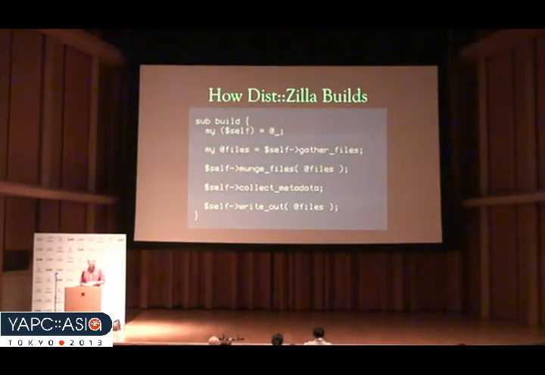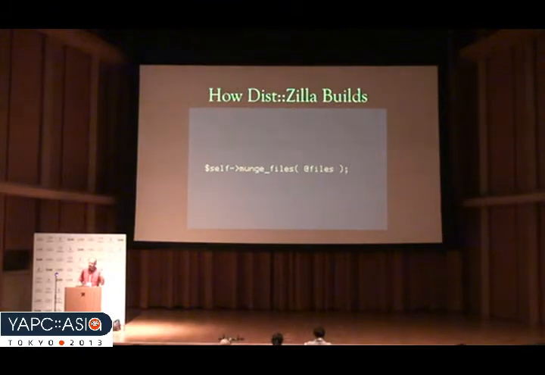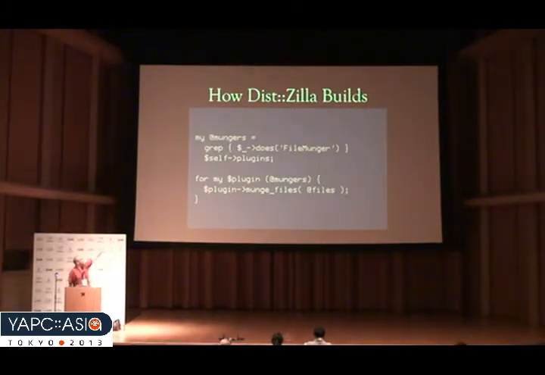When I showed you this code, this is a bit of a simplification. Yes, it does gather the files, and it edits the files, and it collects metadata, and it writes the files out. But the way that it does that is that instead of just saying munge files, it says, get all of the plugins that are installed in me that do munging of files and use those to munge all the files.